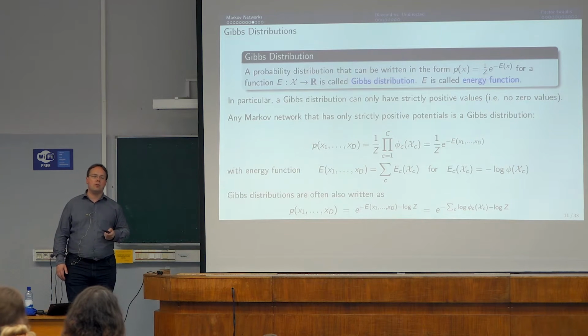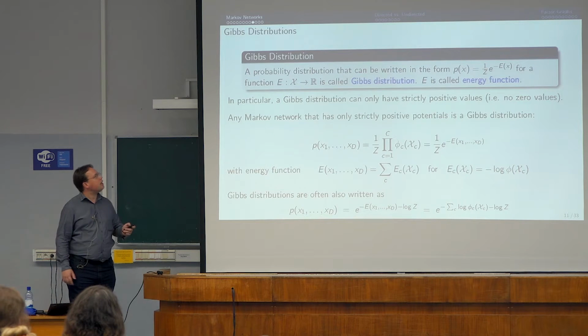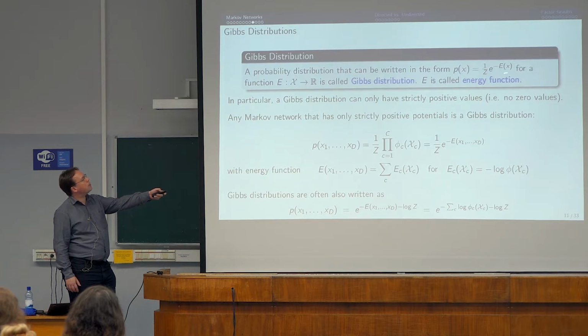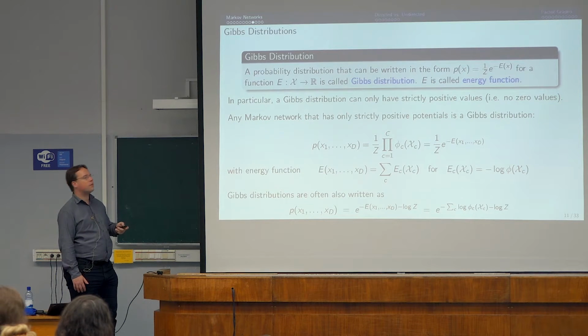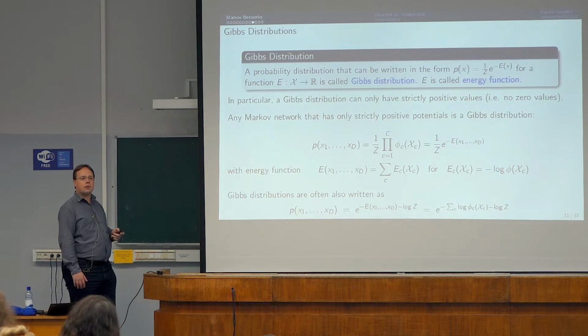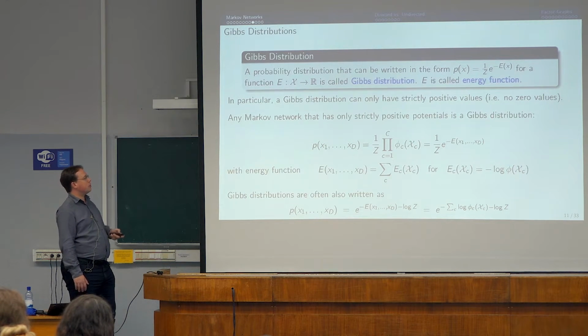Whenever you have non-zero values, you can always write them as the exponential of some other number. So any distribution that can be written as the exponential of some function, for any function from x to R, which can be positive or negative because after exponentiation it will be positive anyway, we call a Gibbs distribution. And the exponent of it is called the energy function.